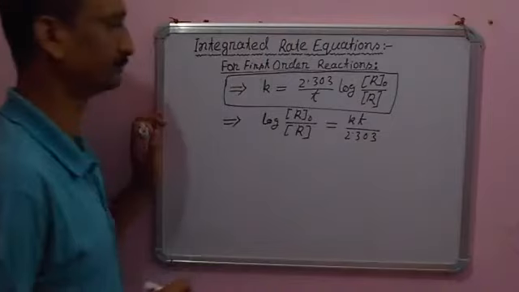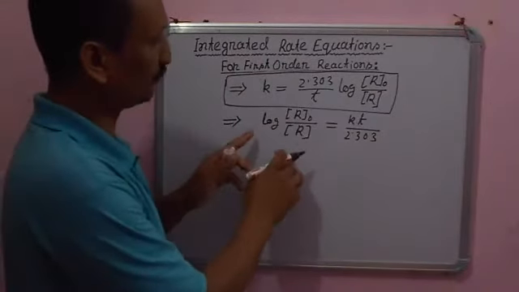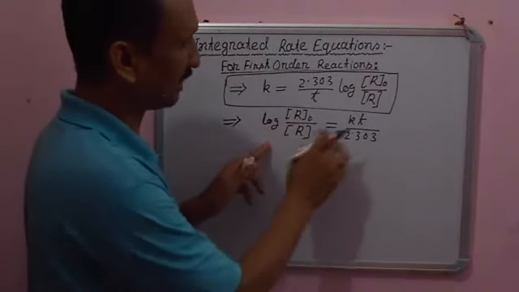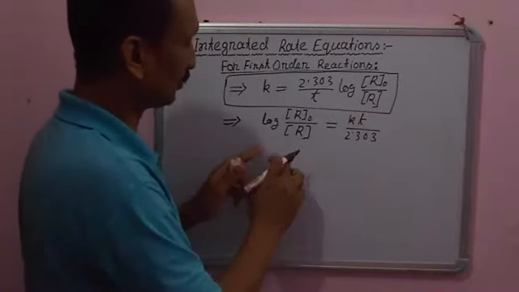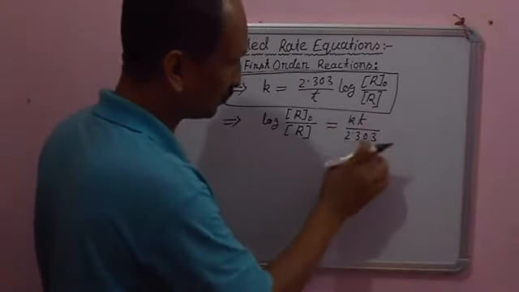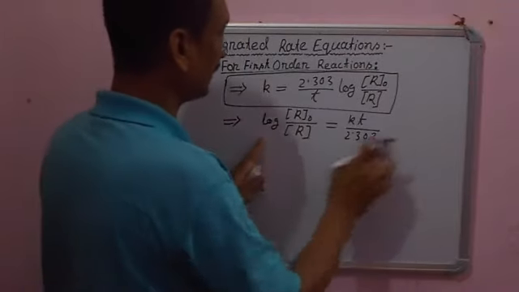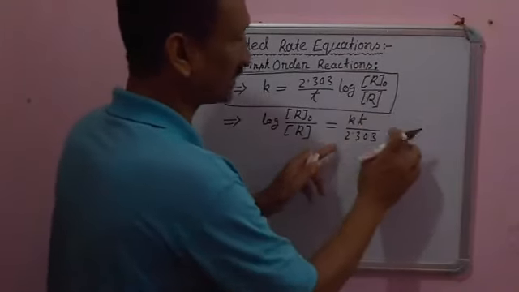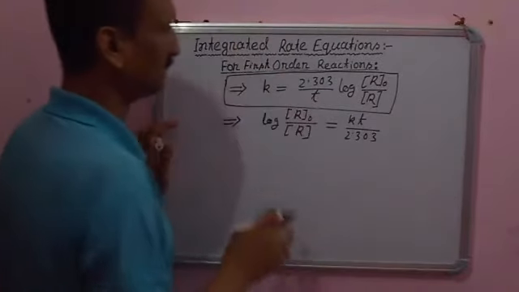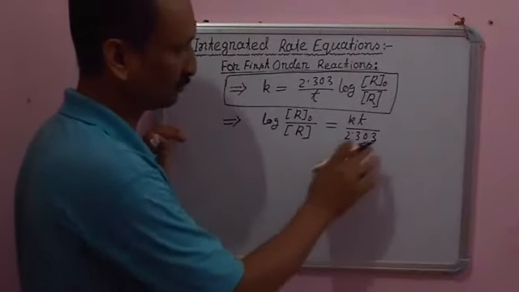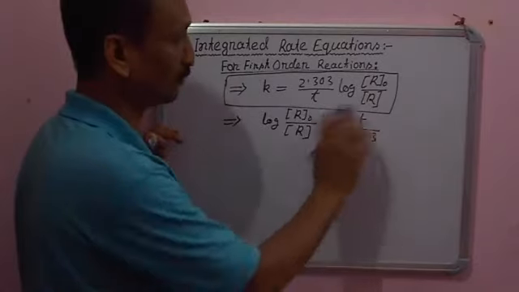So again if we plot log of R naught by R versus t, it will also give a straight line with positive slope k by 2.303. This is again a linear equation, y is equal to mx plus c. Here c will be equal to 0. That means this straight line will start from the origin giving a positive slope.